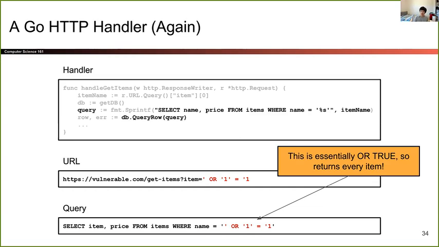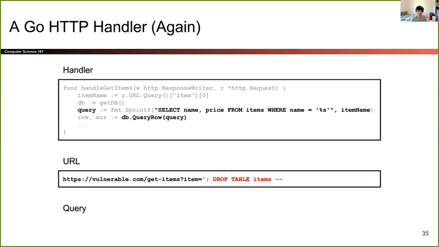All right, that's maybe fine if we wanted to return a large amount of data. Maybe we could execute a denial of service by having it return a lot of data, but it's still not malicious. Maybe we can do something like this. We'll say quote, because we still need to get rid of this quote from the original statement, then semicolon. So we're ending this first statement now that we're out of the string. Now we say drop table items.